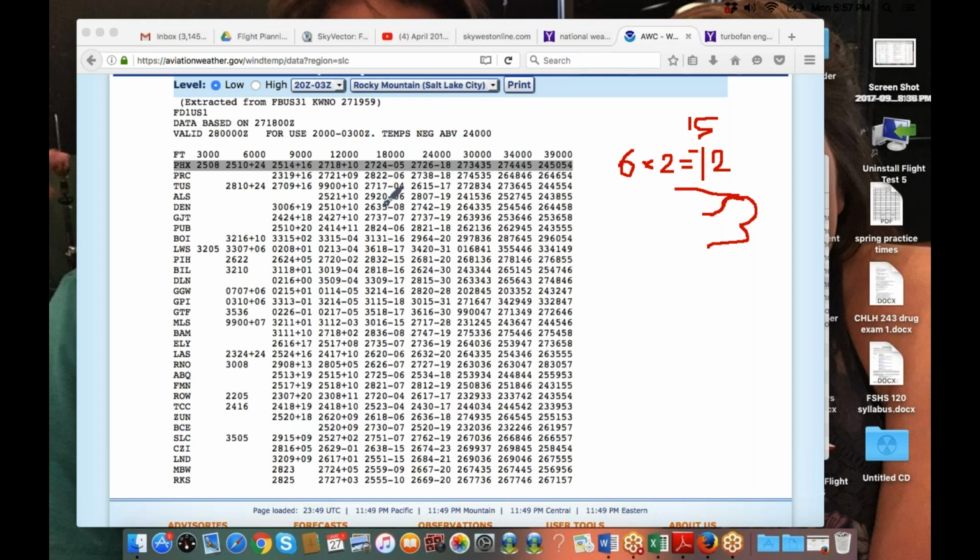Subtract 3 from 24, since this is a positive 3. So 3 plus 21 is going to be the 24 degrees. So we're going to be at ISA plus 21. Just super hot, and that's outside our limits.